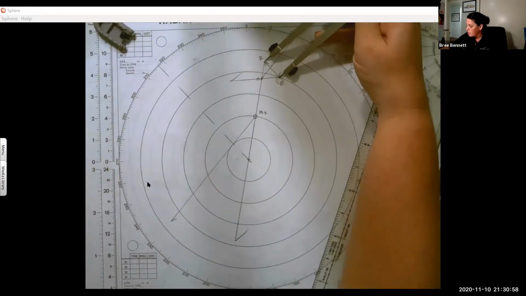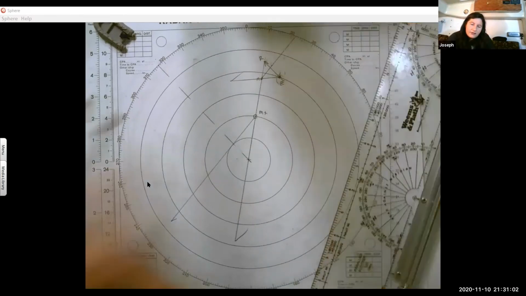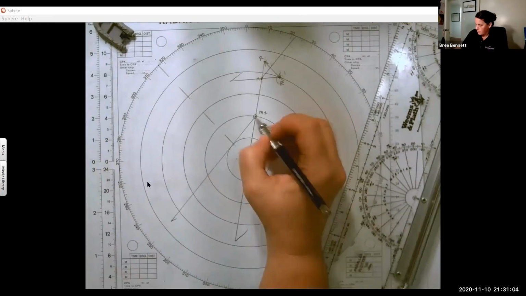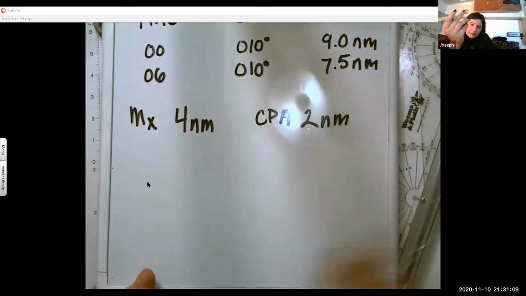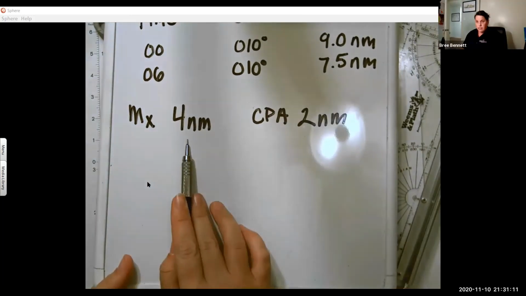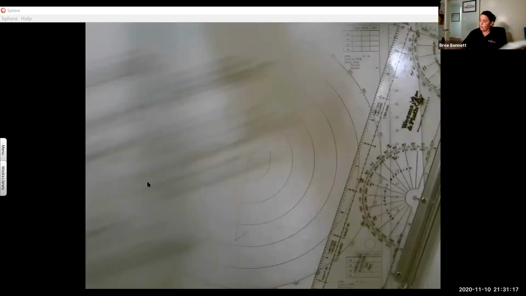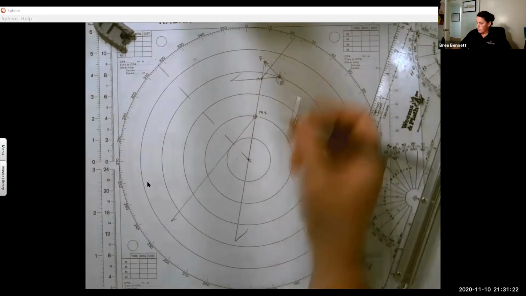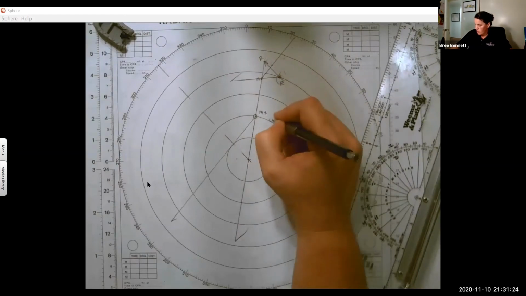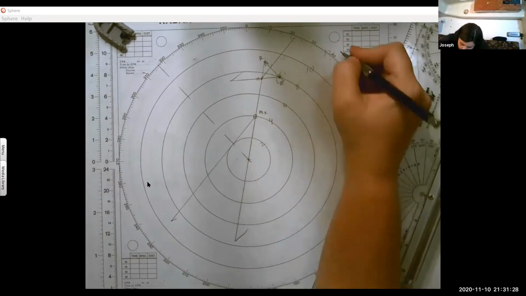And then how did you get that MX line right there? The first one? Yep. MX was at 4 nautical miles with a CPA of 2 nautical miles. So this is 2, 4, 6, 8, 10, 12 on our range rings.